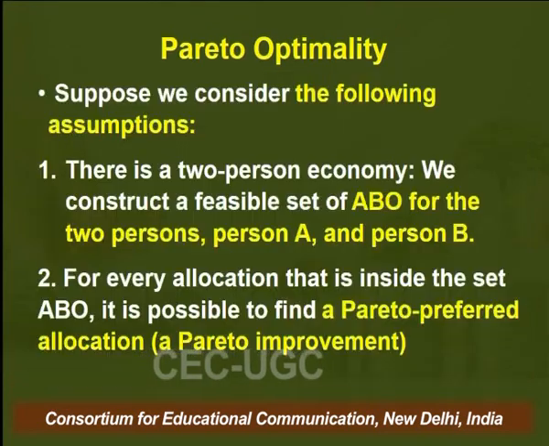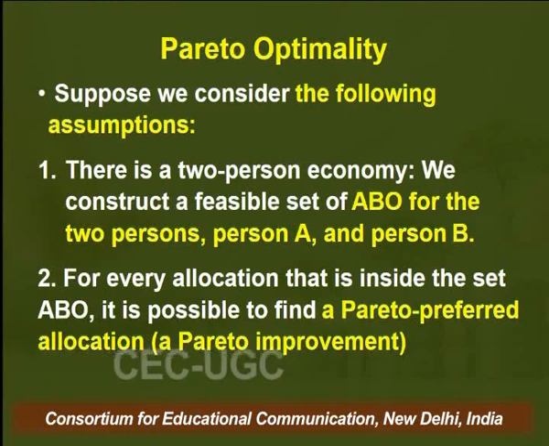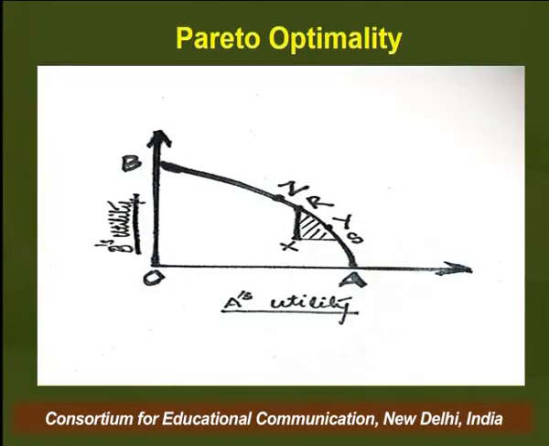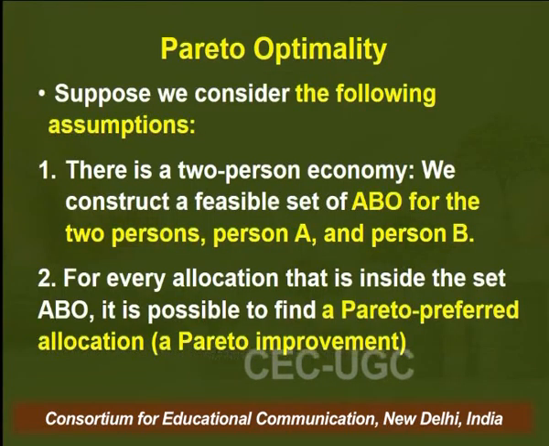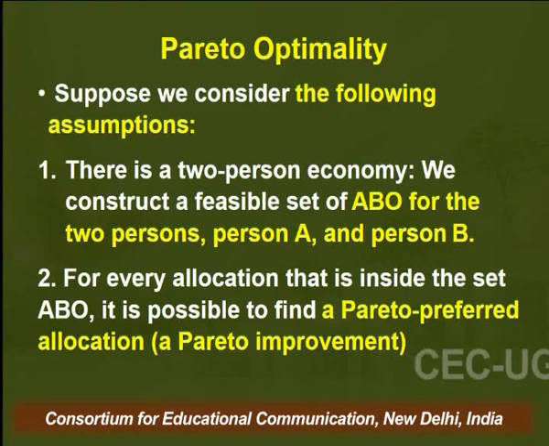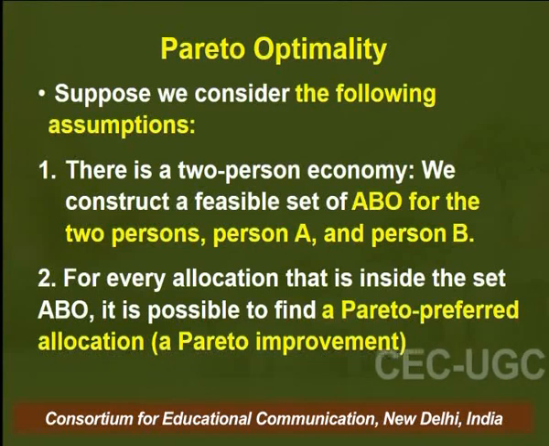It consists of a feasible set A, B, O, and this set belongs to two people. On the x-axis we are locating person A, and on the vertical axis person B. For every allocation inside the set A, B, O, it is possible to find a Pareto preferred allocation, which is a Pareto improvement.